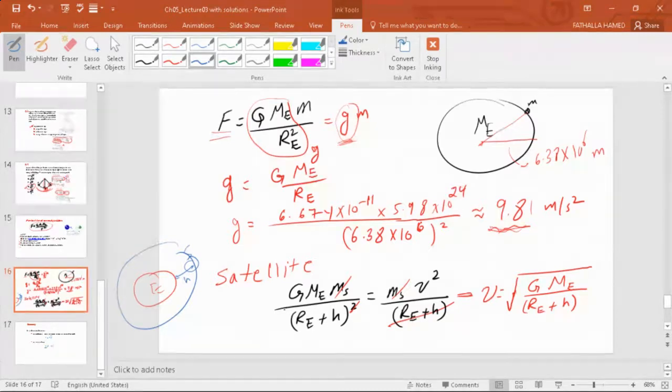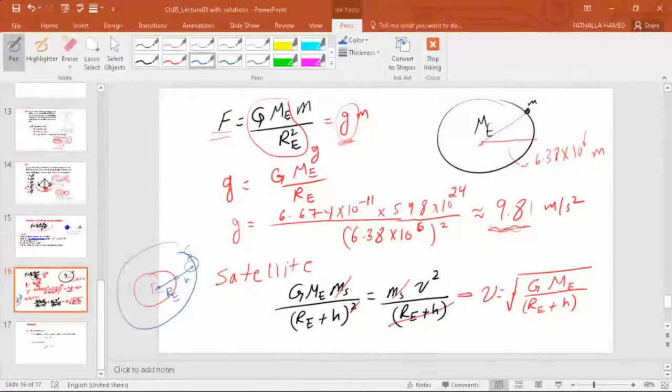In accordance with the universal gravitational law, you say G, mass of the Earth, mass of the satellite, divided by how far the satellite is, taken center to center. So it will be the radius of the Earth plus how high the satellite is above it, squared.